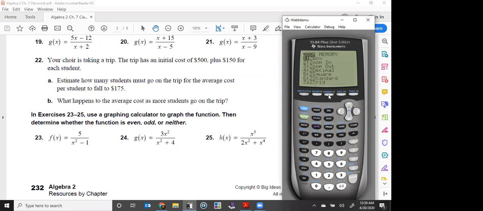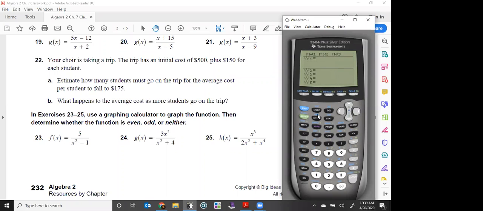And then for 23, 24, and 25, we're going to go back to the calculator, zoom 6, and we're going to put it in our calculator. Okay. It says, figure out if it's even, odd, or neither.